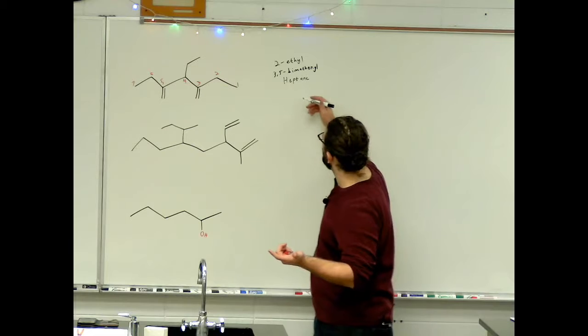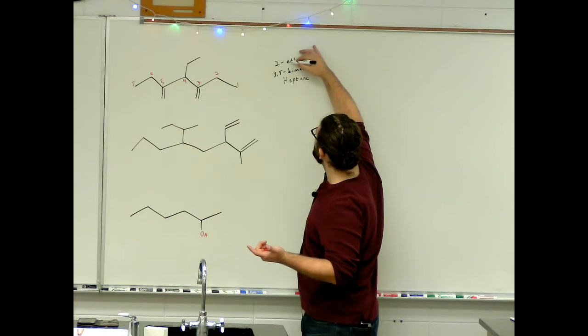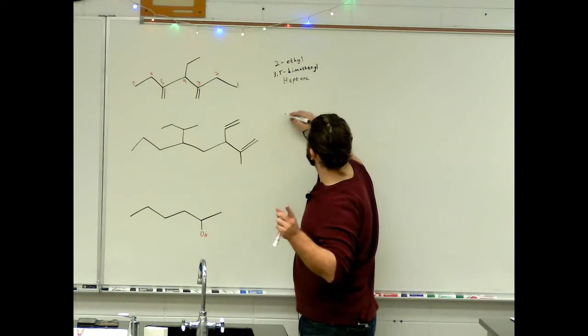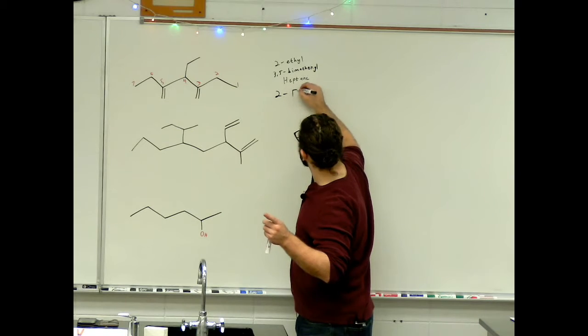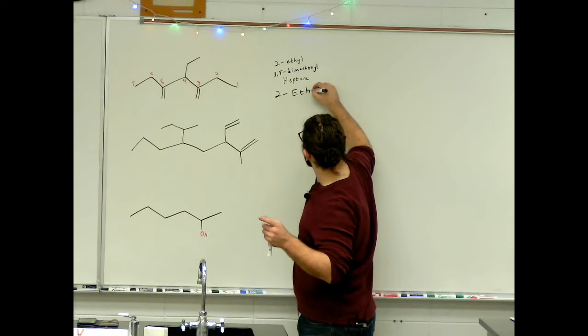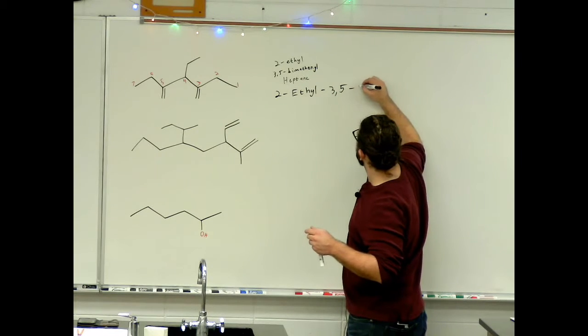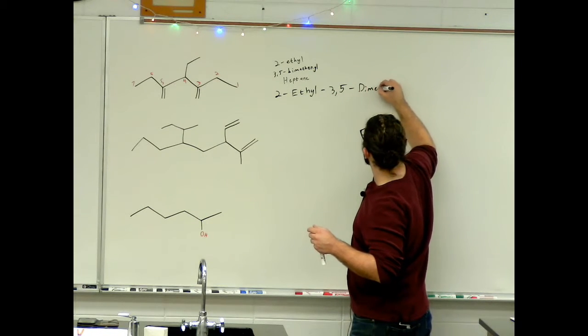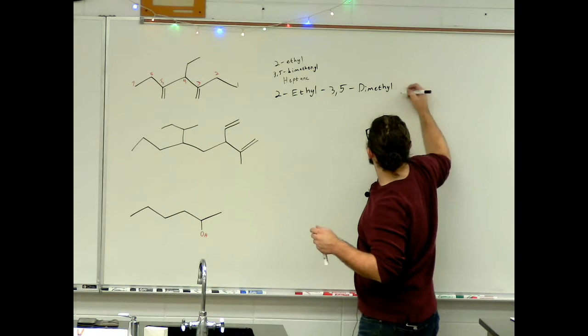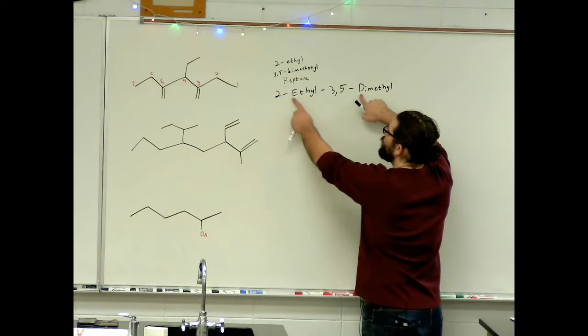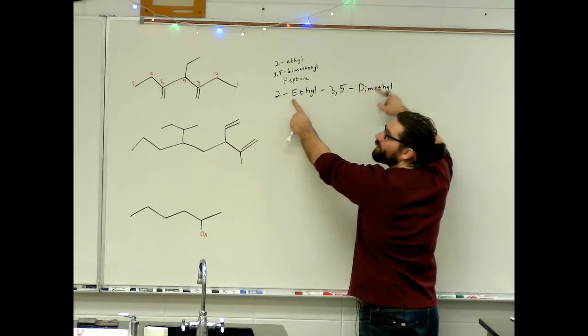So if we write out the whole thing, remembering that E comes before M, so I've got 2-ethyl, 3, 5, dimethyl. Notice the D does not come before the E, the di, the tri, none of that matters.